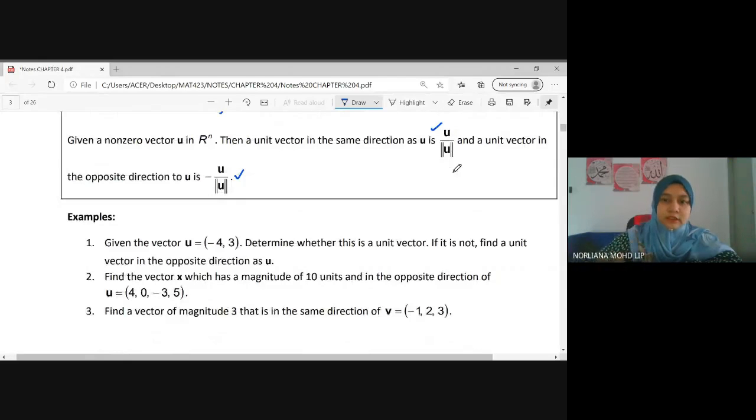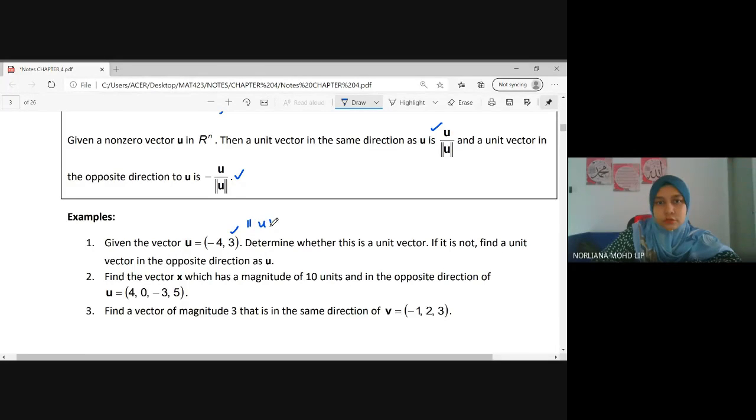For example, in example 1, given the vector u in n-space, determine whether this is a unit vector or not. First we have to find the magnitude of this vector u.